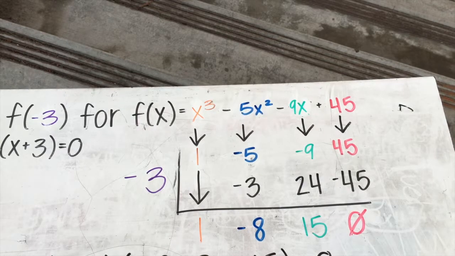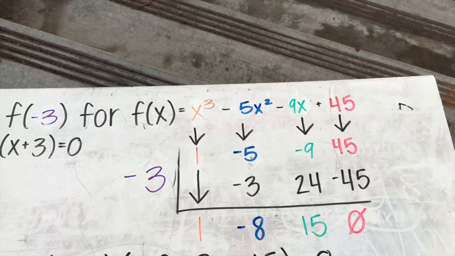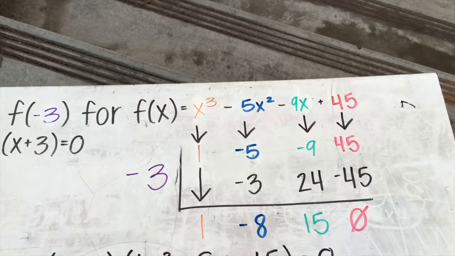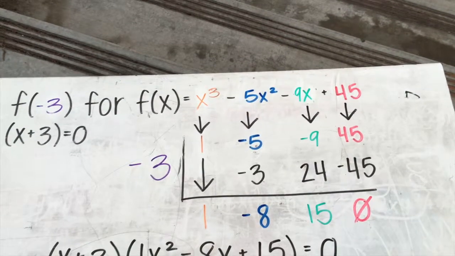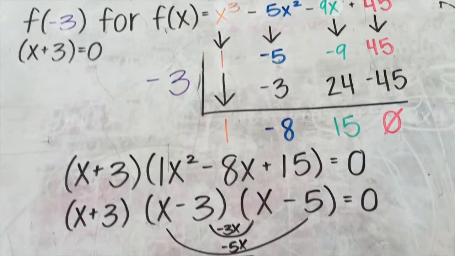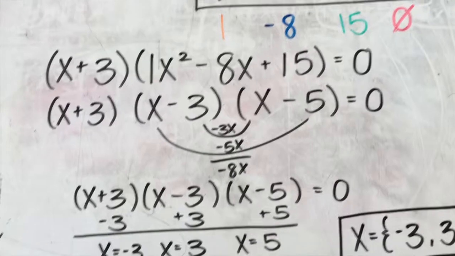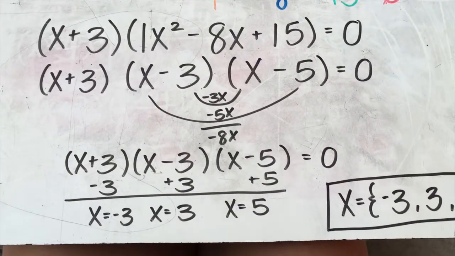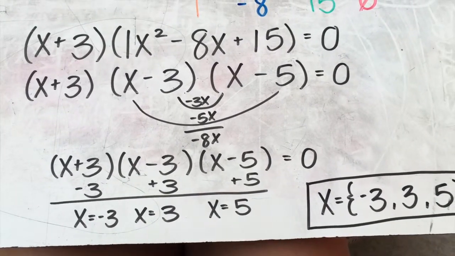You add that so it becomes negative 8. And then you do negative 8 times negative 3, which is positive 24. Then you add 24 and negative 9, which is 15. Then you do 15 times negative 3, which is negative 45, which equals 0. Then you do x plus 3 times 1x squared minus 8x plus 15 equals 0. It is the numbers that you got from the box.